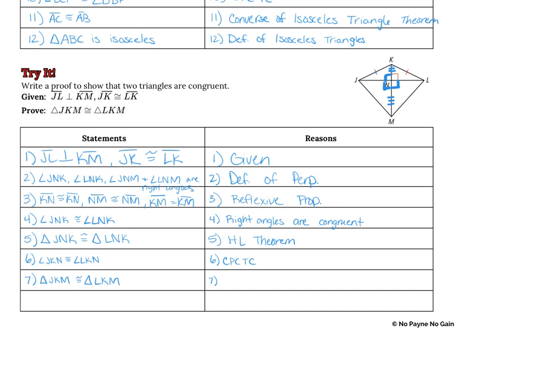And I can do that because I have a side, an angle, and a side. So I have this side, this angle, and this side. Well, these two sides. Okay, so I can prove this through side, angle, side.